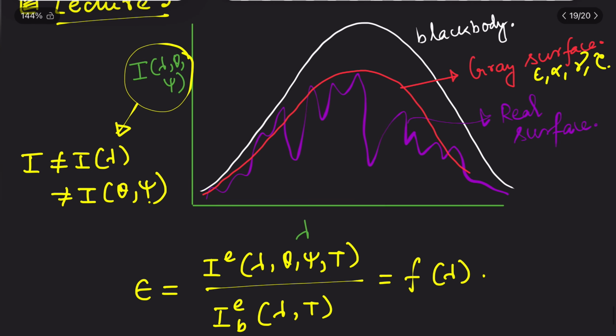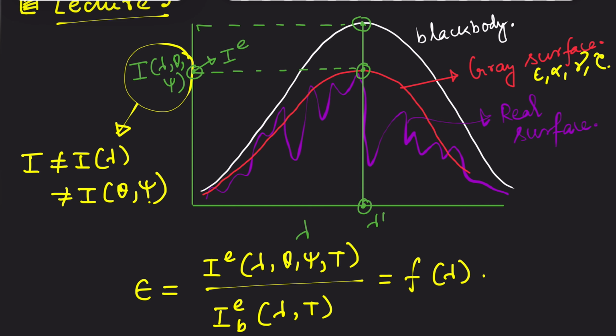If I draw a straight line like this, at some lambda 1, we will have these two intensities. This one is the emission of a real surface, or I should say a gray surface, and this is the emission of a black body.